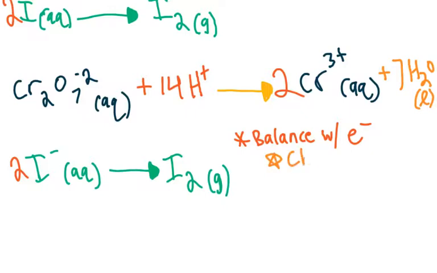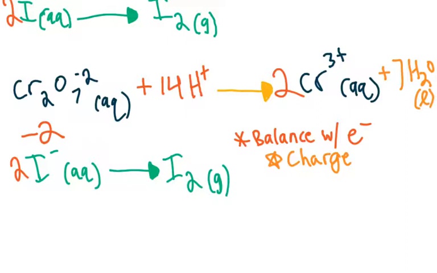Let's make that clear. We're balancing the charge on both sides. So how do we identify that? Well, we have a negative charge here. Iodide has a negative charge of -1, and we have two of these, so our total negative charge on the left side is -2 for this half reaction.